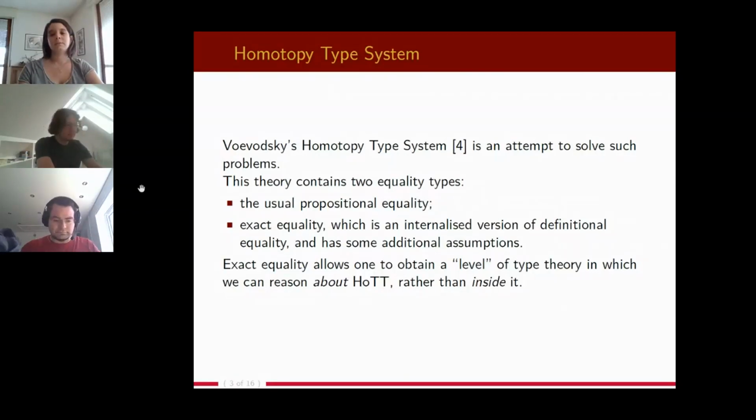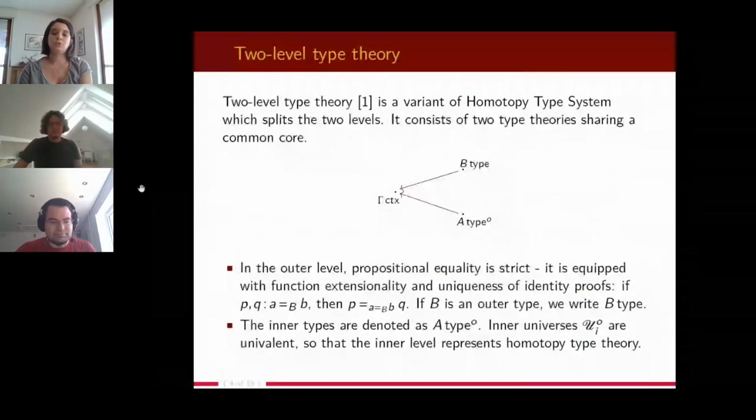So two-level type theory, which is the system we are studying, is a variant of a homotopy type system. We don't have only two equalities, but we have two different levels of types. So we have two type theories which share a common core.